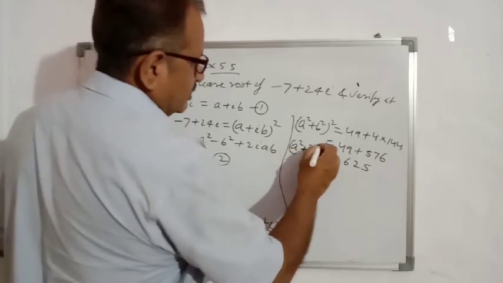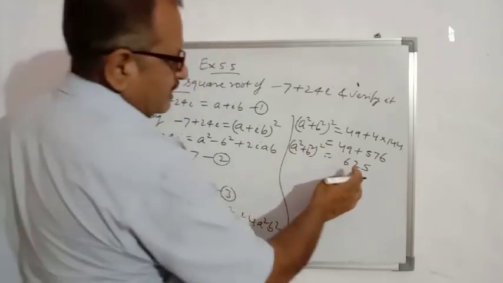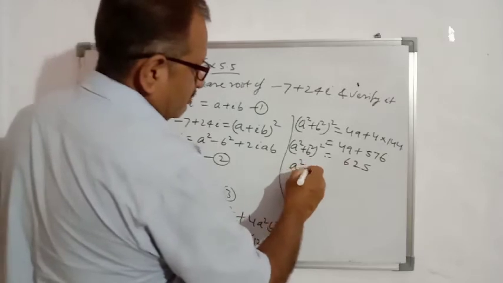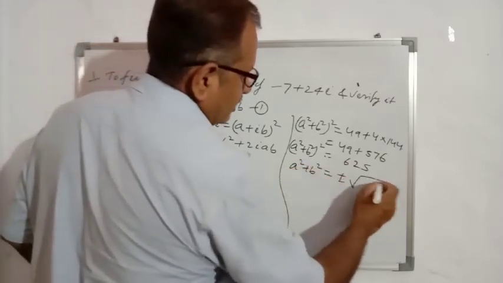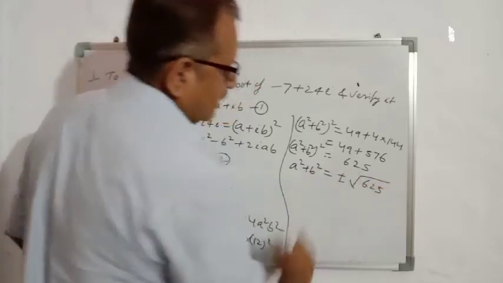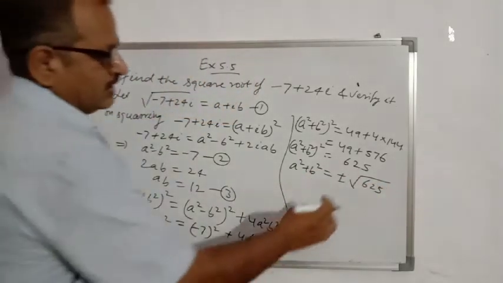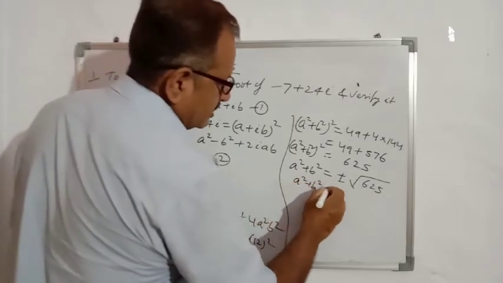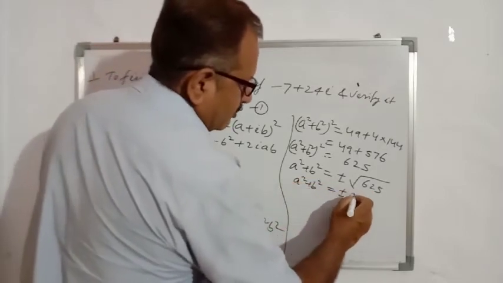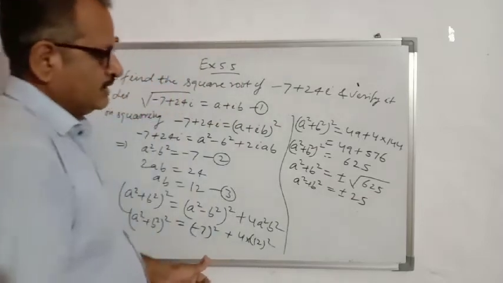A square plus b square whole square is equal to 625. So what will be a square plus b square? Plus minus under root 625. Square root of 625 is 25.